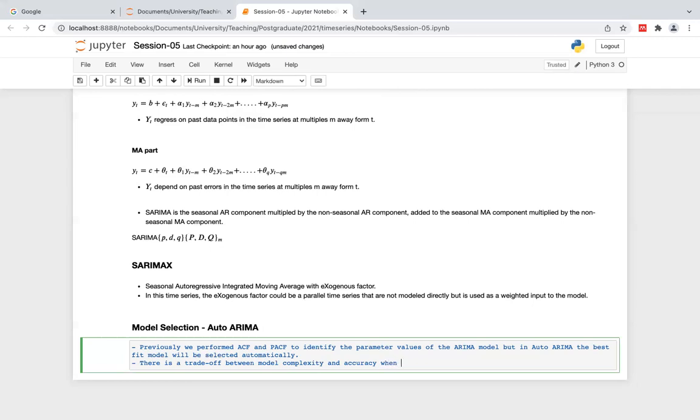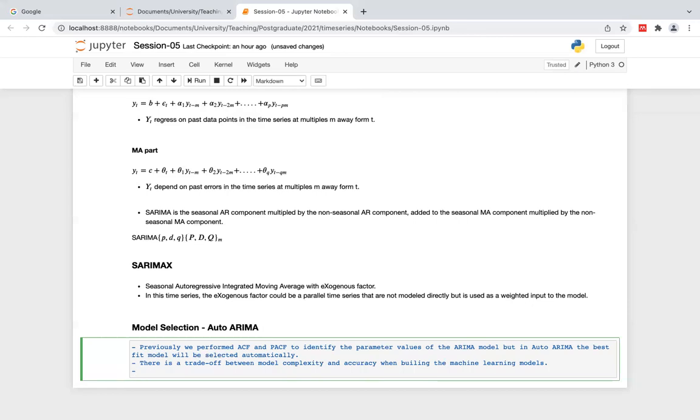This is obvious when building machine learning models, right? Then what do model complexity and accuracy mean? What is the model complexity? The parameters, right?